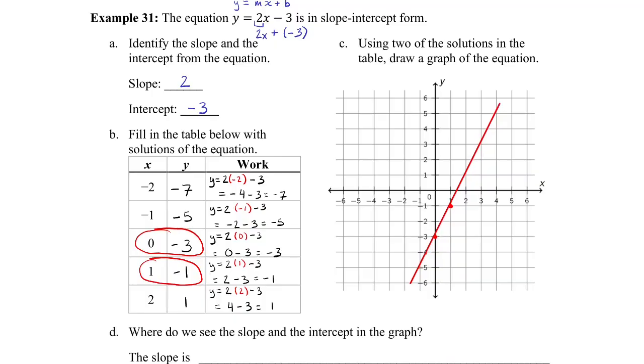If I draw the line that goes through those points, it'll look something like this. And I'll see also that the other pairs in my table are also points on this line, right? So I used 0, -3, and 1, -1 to draw my line, but the other points in my table also show up on that line.